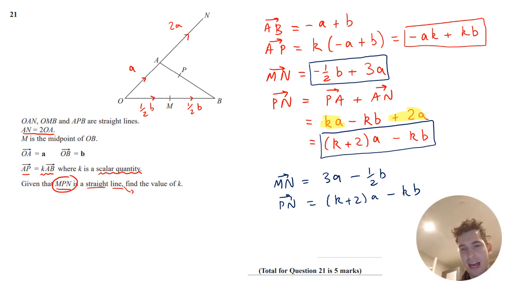So what does this scale factor that I'm talking about mean? Well, what it means is that the scale factor of getting from a to b is going to be the same.